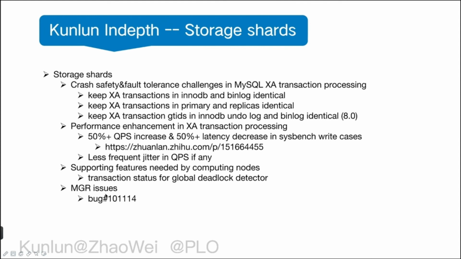Also, we developed many supporting features needed by computing nodes, such as the one needed by the global deadlock detector I mentioned earlier. There are some issues in MySQL group replication that should be mitigated, and if you are interested in these details, you can look at this bug.